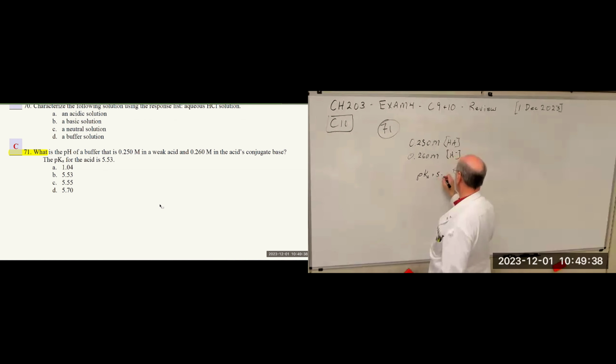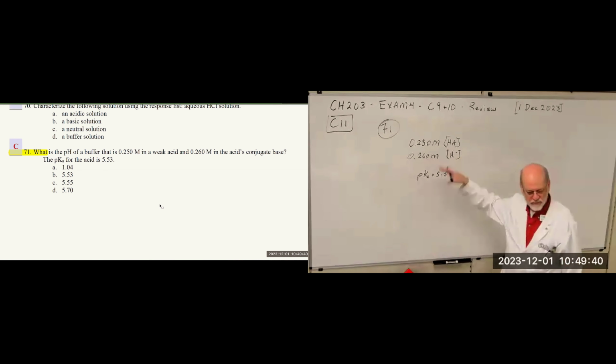This one is primed for Henderson-Hasselbalch.